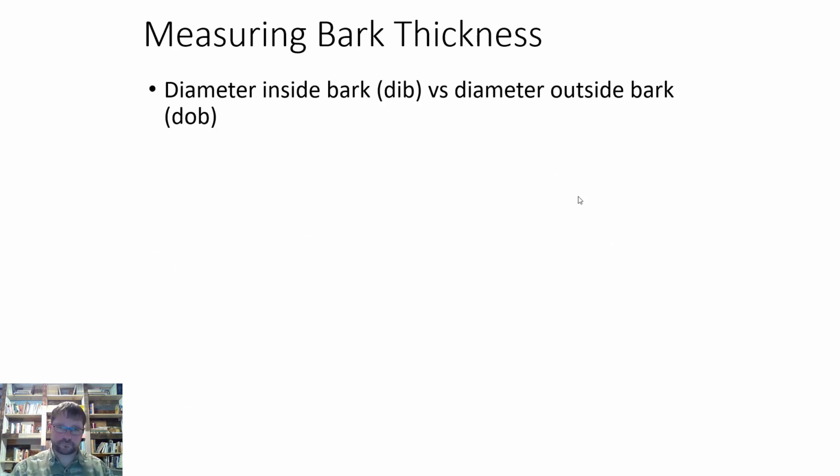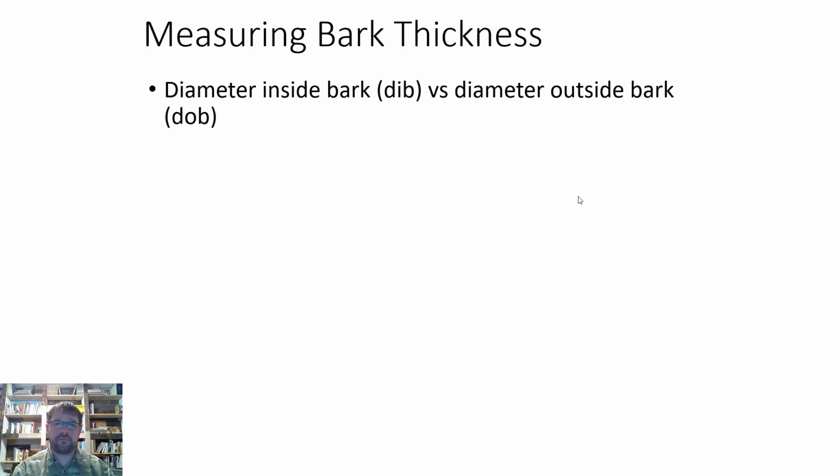Okay. All right. The last thing is, I told you before, in some cases we're trying to calculate the usable wood by just examining the DBH. And so we wouldn't label them as DBHs.